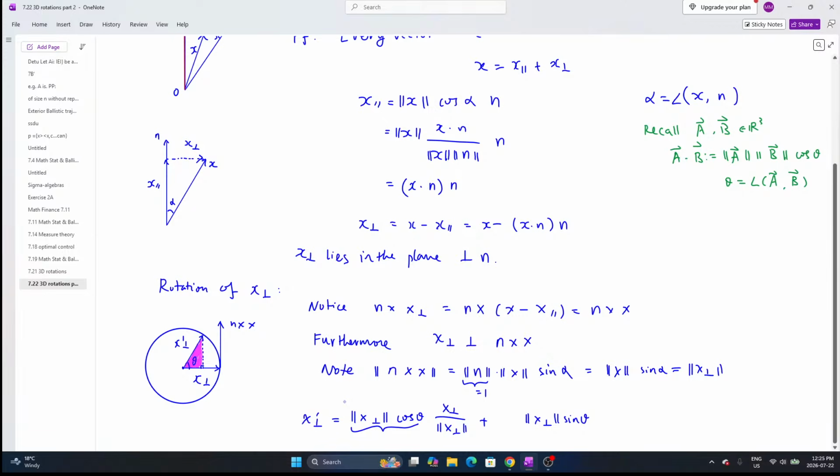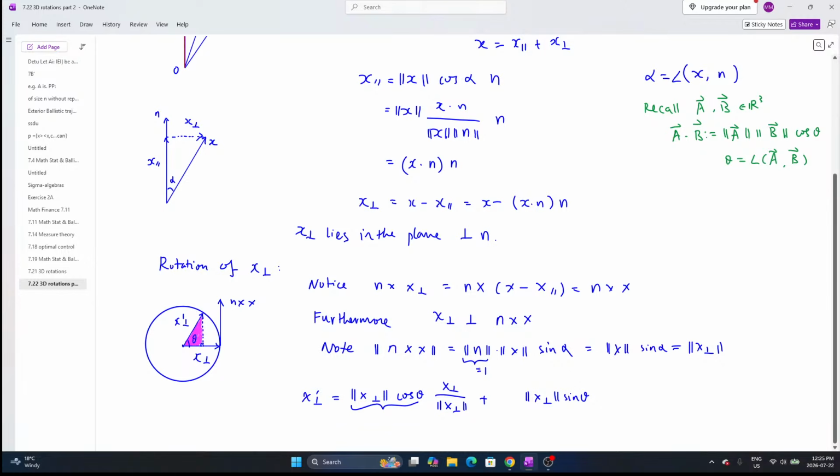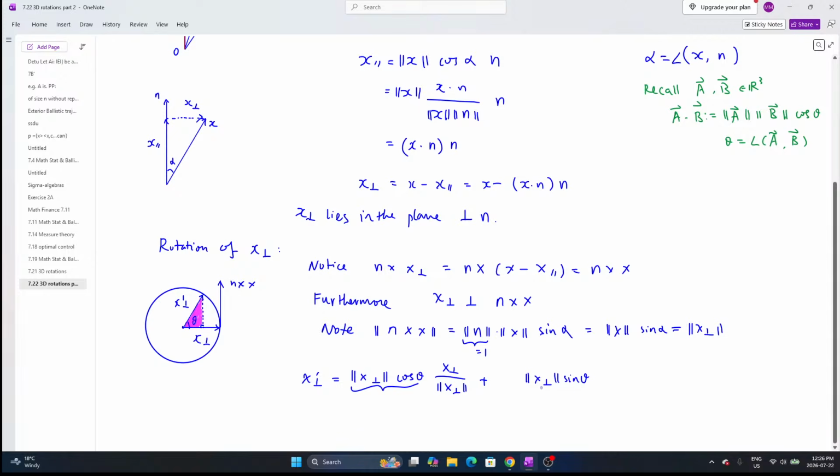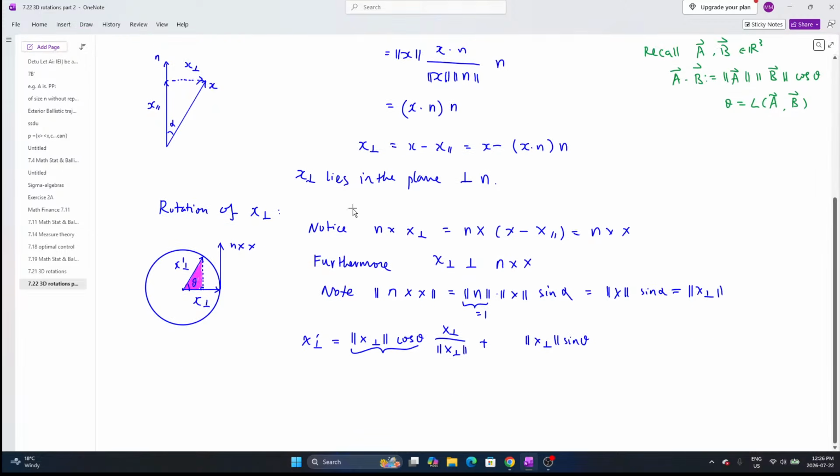So n cross x, as we mentioned, has the same length as x perpendicular. So we can substitute the length of x perpendicular to be, okay, let me add the unit vector component here.